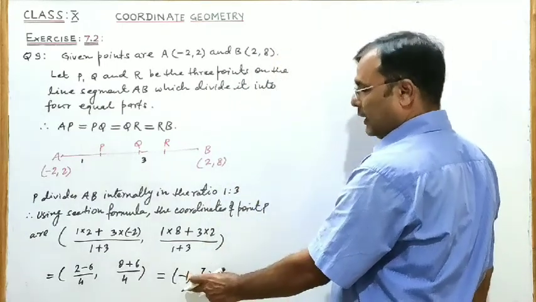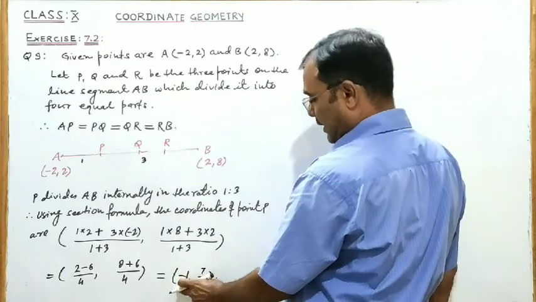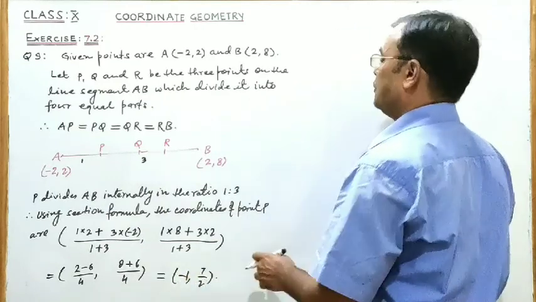So coordinates of point P are (-1, 7/2).